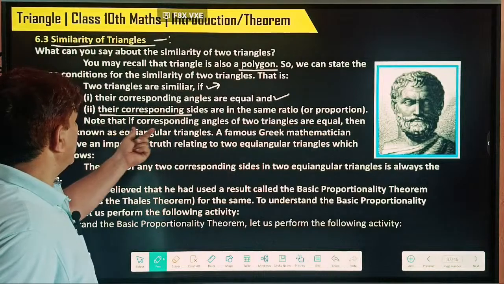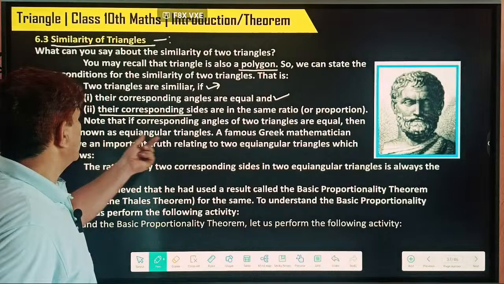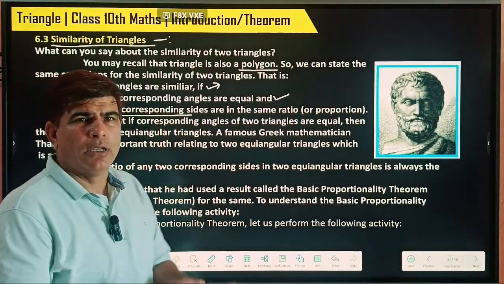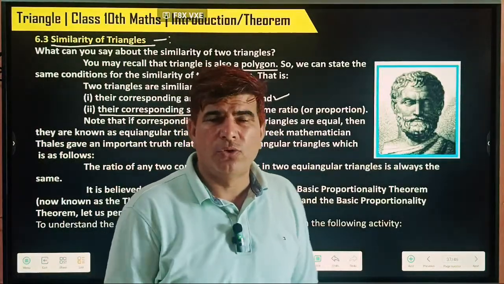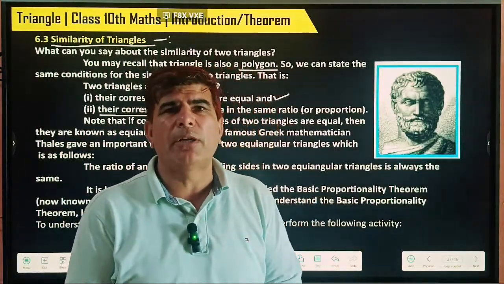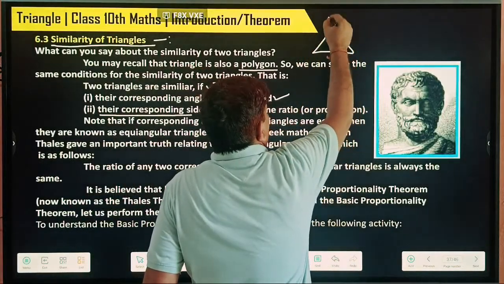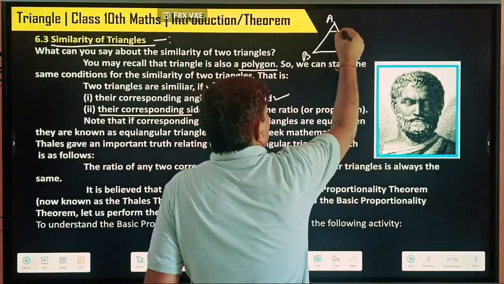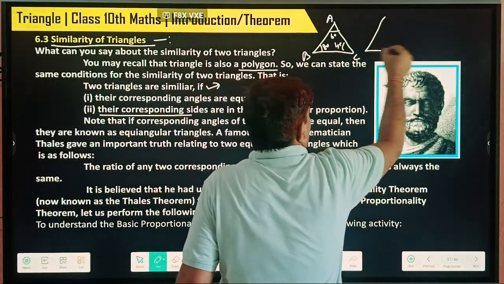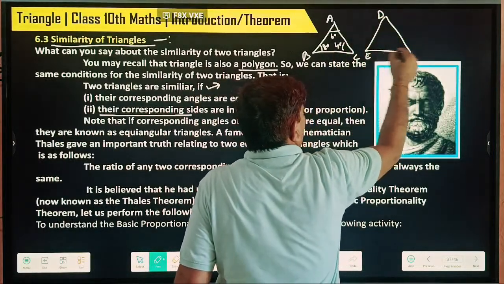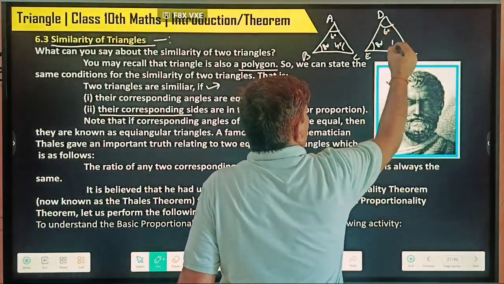Both mean the same. Note that if corresponding angles of two triangles are equal, then they are known as equiangular triangles. For example, take triangle ABC with angles 60, 80, 40, and another triangle DEF with angles 80, 60, 40.